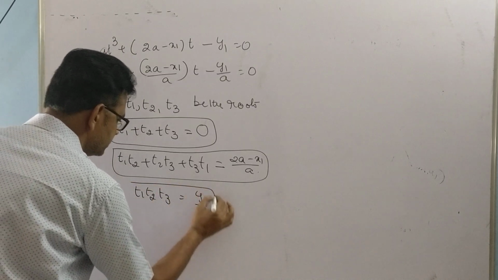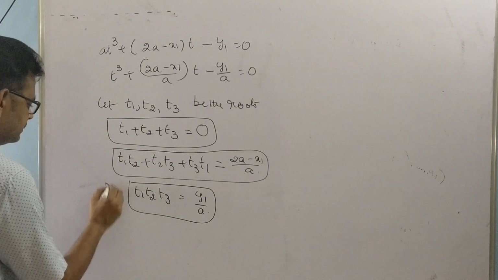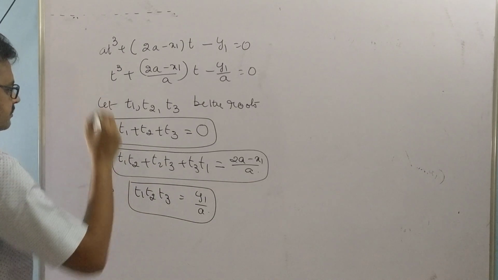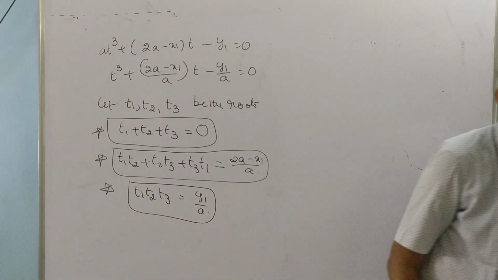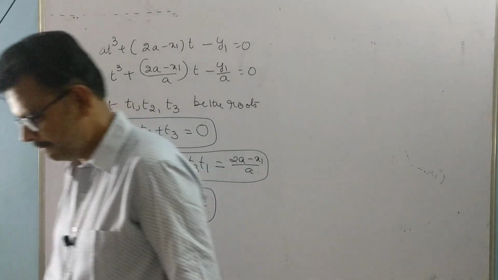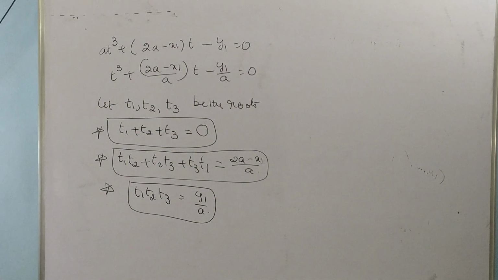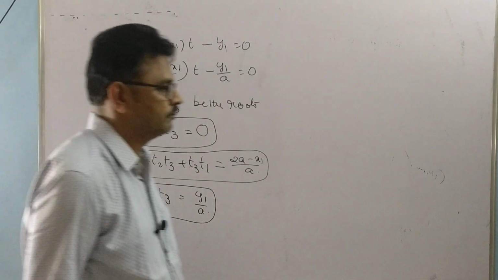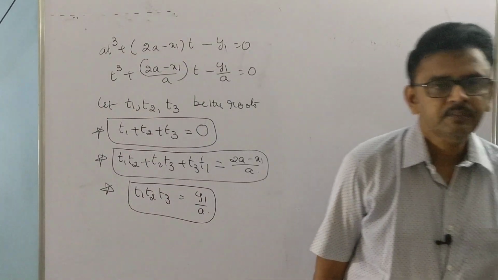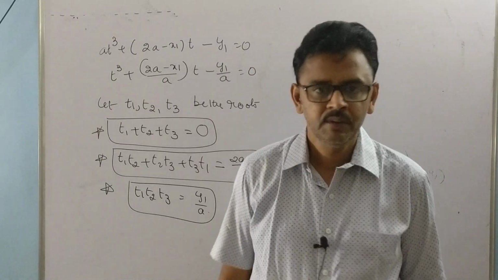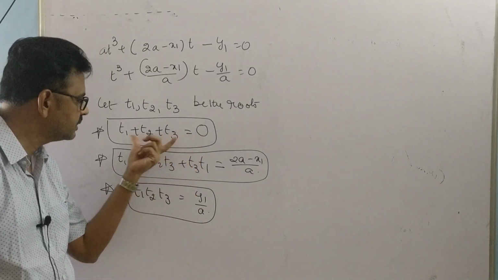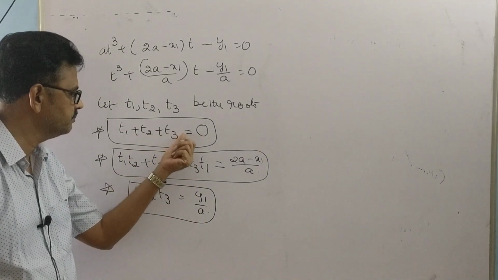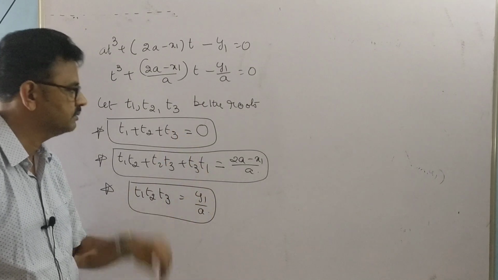So these are also important points. While solving problems, we can sometimes use these results: T1 plus T2 plus T3, and this, and also this.